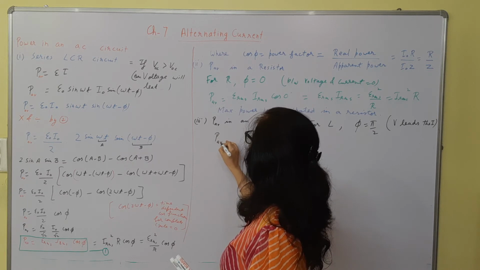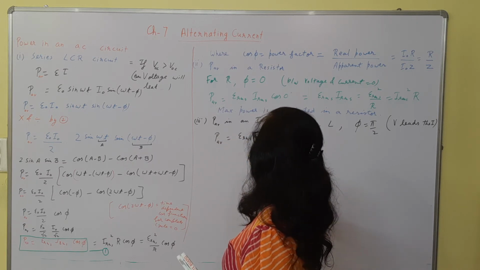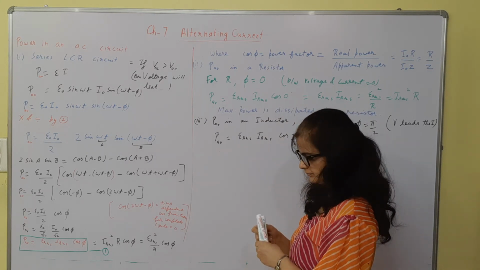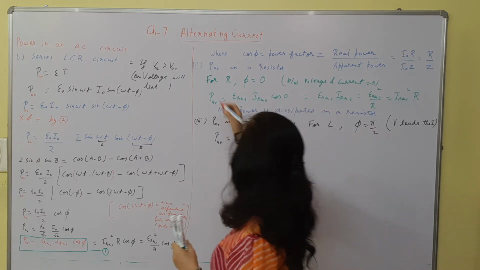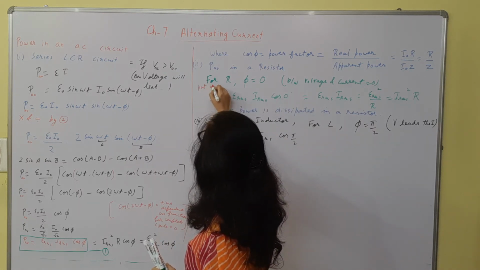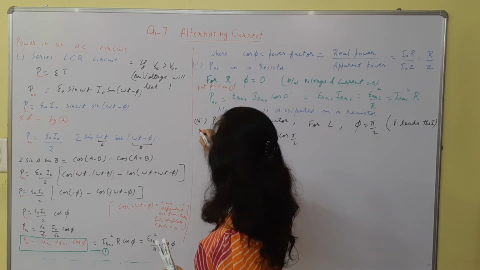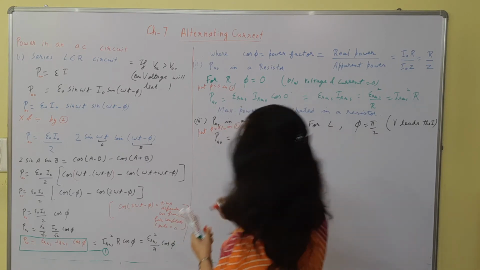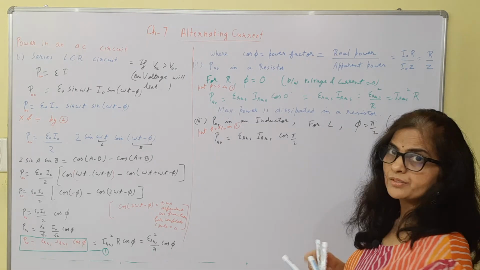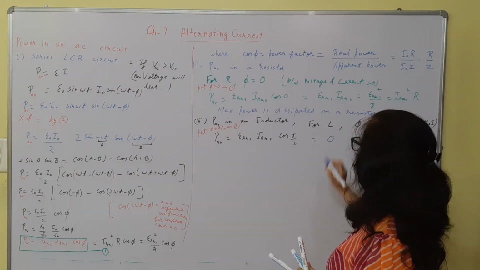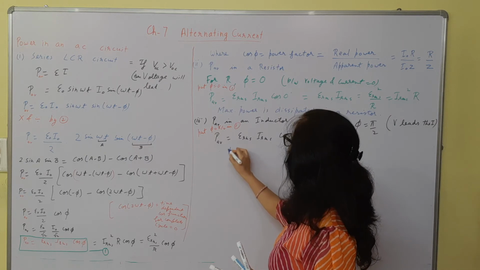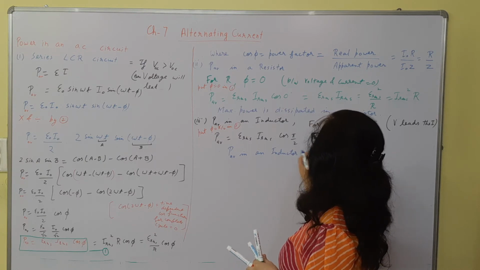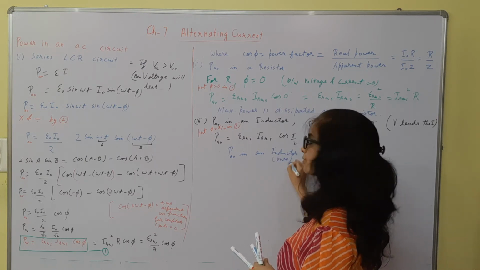So you will write here: average power is E RMS I RMS cos of pi by 2. Cos pi by 2 is 0, so this gives me 0. So the power in an inductor is 0, that means a pure inductor that has no resistance.